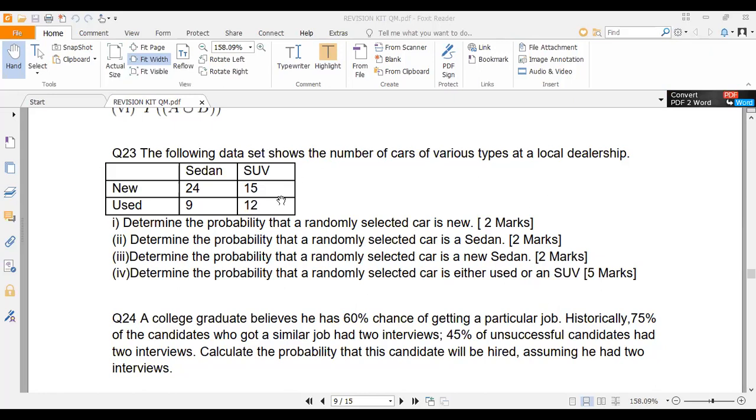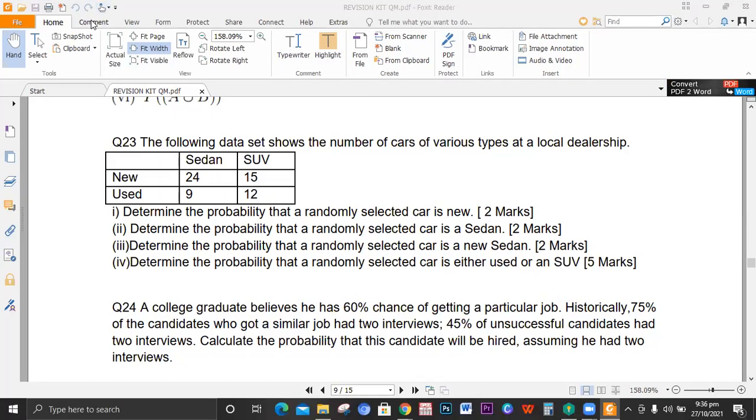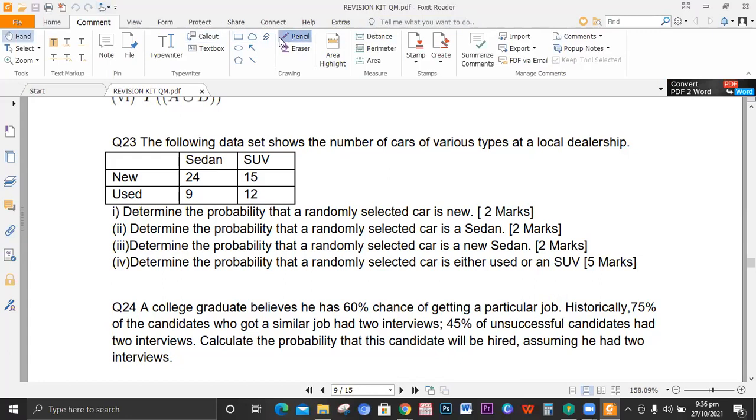We are going to call this A. N for new, U for used, then S for sedan, then SUV for the SUV.